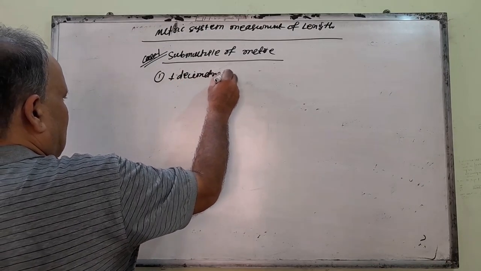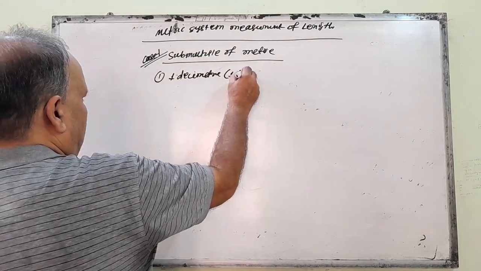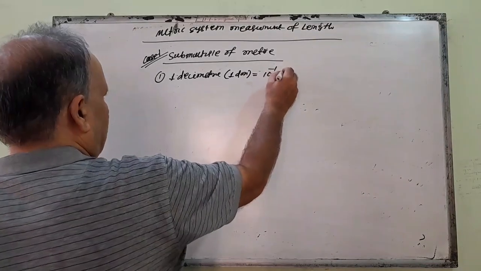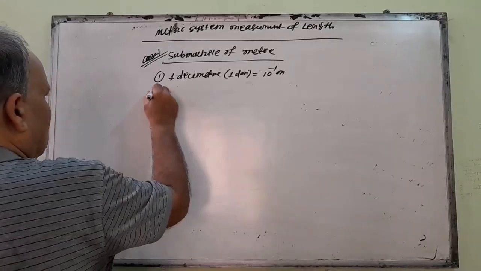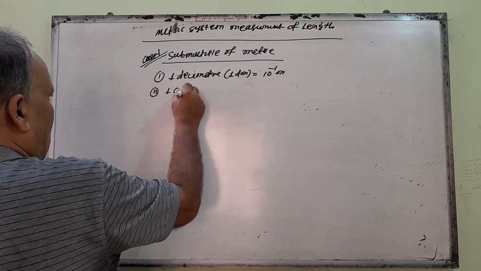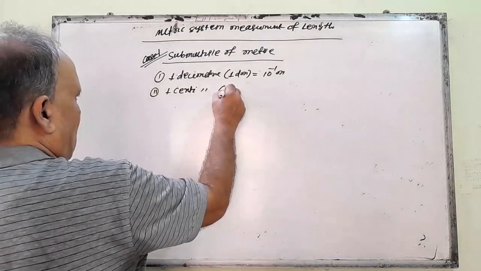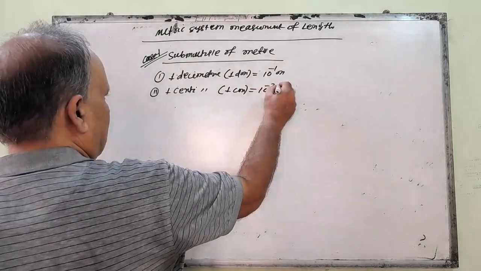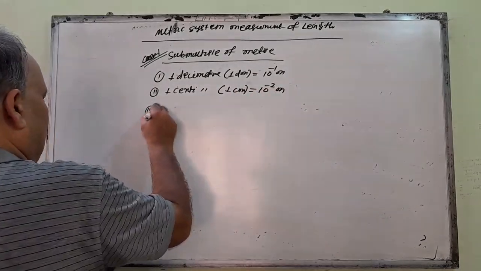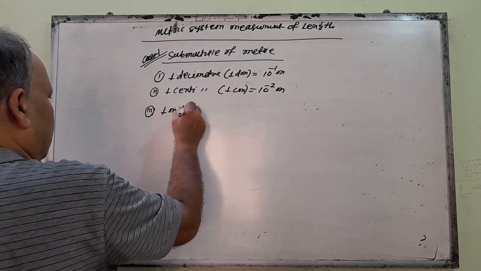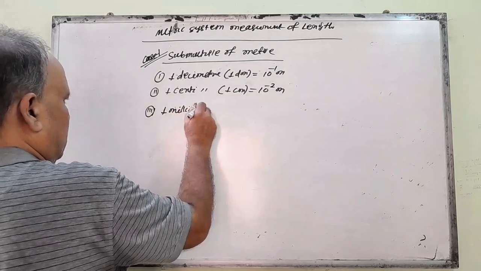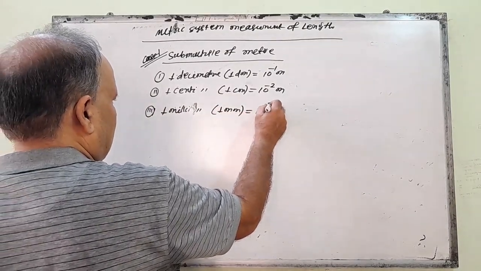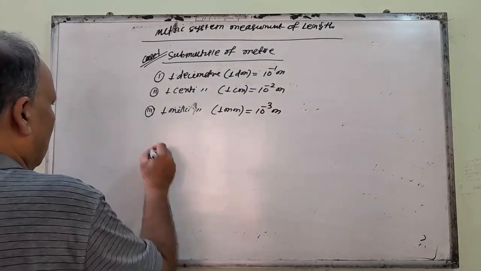First, 1 decimeter, that is 1 dm, is equal to 10 to the power minus 1 meter. Second one is 1 centimeter, 1 cm, which is equal to 10 to the power minus 2 meter. Third, 1 millimeter, that is 1 mm, is equal to 10 to the power minus 3 meter.